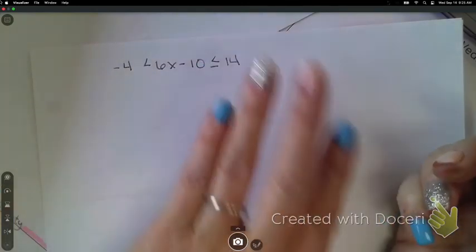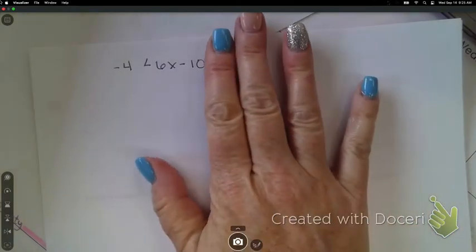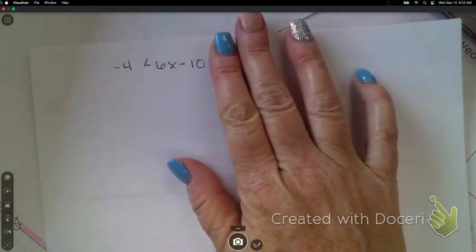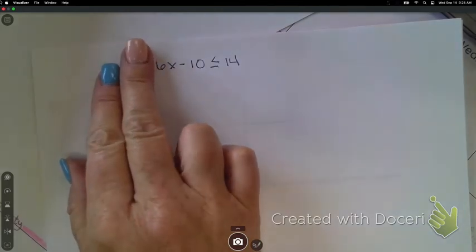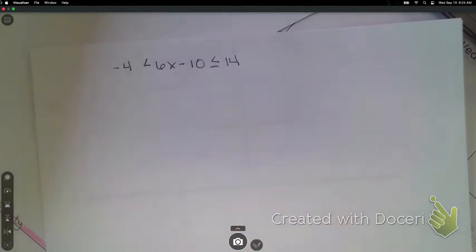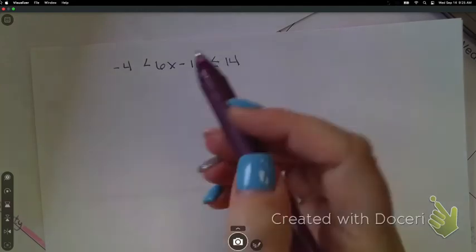Now, if I cover up the 14, do you see an inequality there? If I cover up the negative 4, do you see one there? Yes? We solve it exactly the same way, except instead of just doing it to the right, we do it to both.